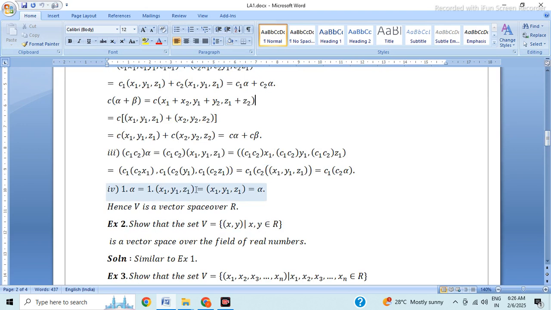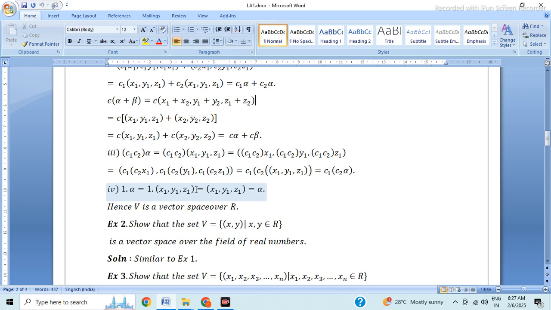Every time you should not write 1 itself, but here it is 1. Why? Because here we are given that it is the set of real numbers, so our identity element is 1 only. Then 1 into x1, y1, z1 is the same as alpha. Then it satisfies all the conditions of a vector space.